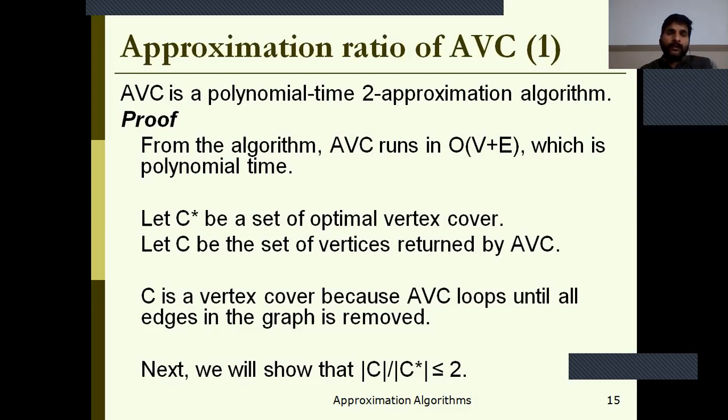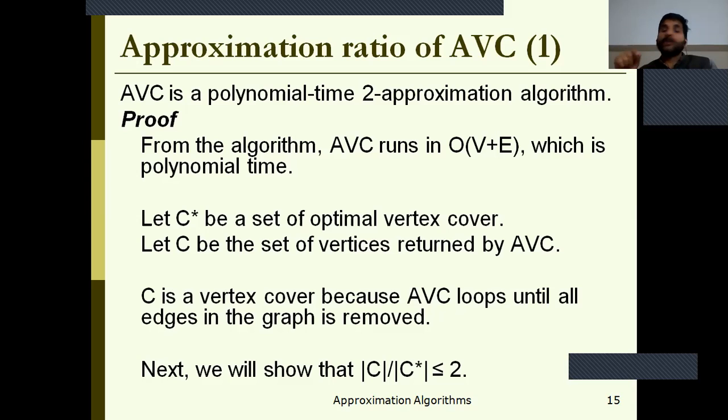So the approximation algorithm is proved to run in polynomial time, in the order of V plus E, which is a polynomial time algorithm. C star is the set of the optimal vertex cover, and C is the set of vertices returned by the approximate vertex cover algorithm. It returns a vertex cover because the algorithm loops until all the edges of the graph are removed.